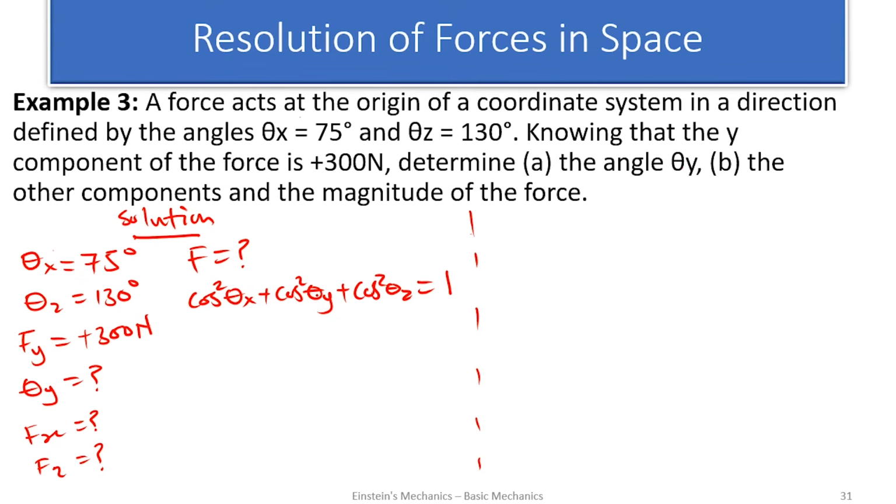Upon making cos theta y the subject, I'm going to get cos square theta y will now be 1 minus cos square theta x, 75, minus cos square theta z, 130.